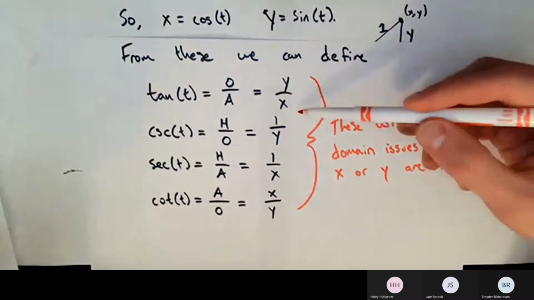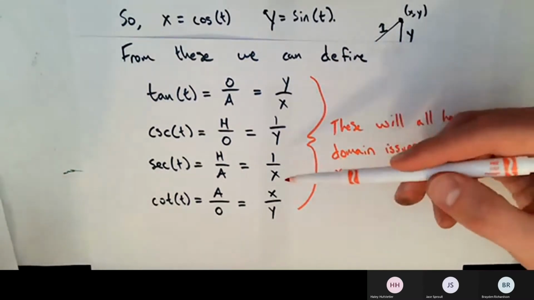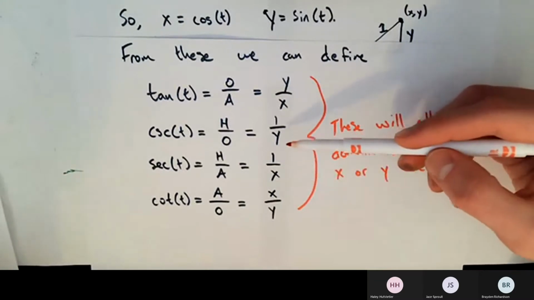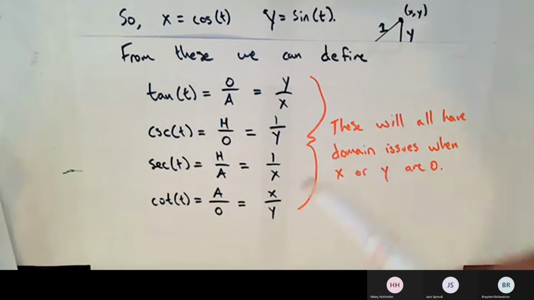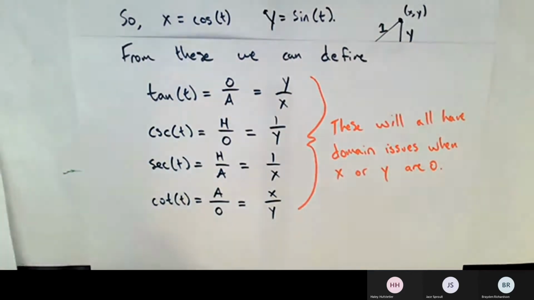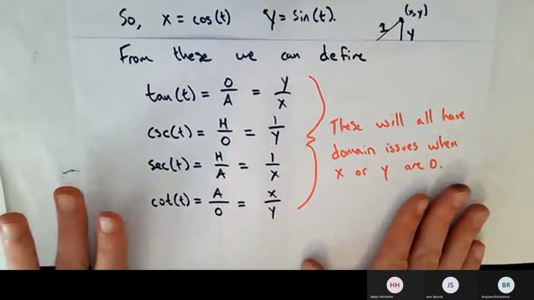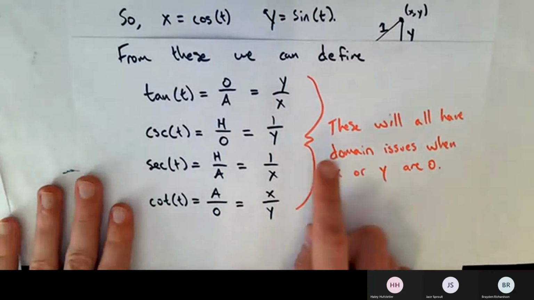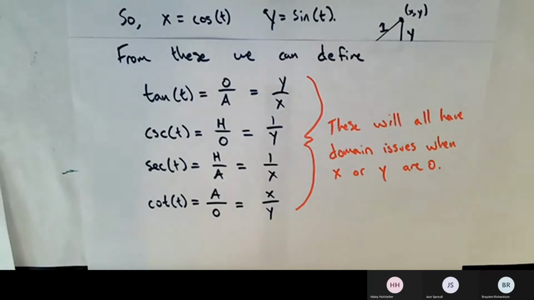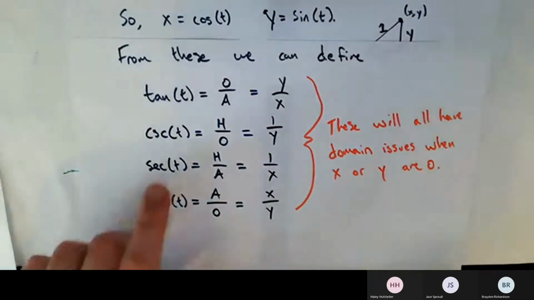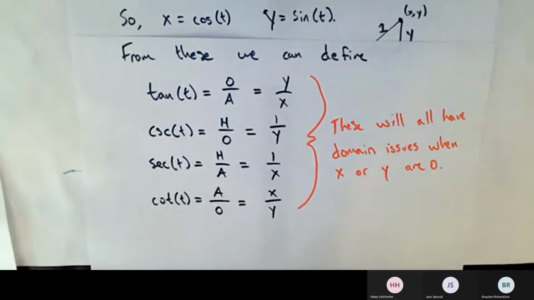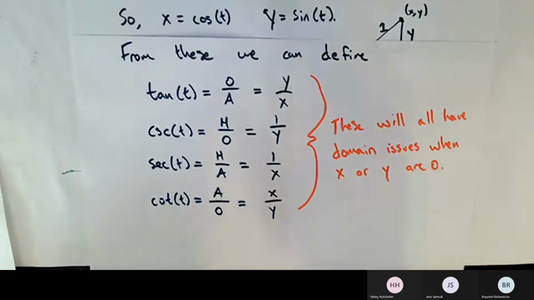So like tangent can't have x being 0, neither can secant. Cosecant can't have y being 0, and neither can cotangent. Okay. That's just a note for when we talk about their graphs later. We're going to see something happening for these things. Certain values of t are going to be not allowed. But more on that later.